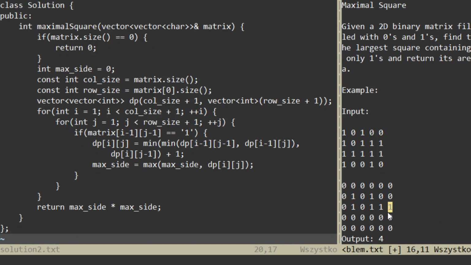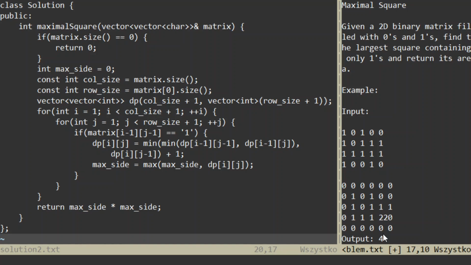Here will be the same situation, and the same situation. And here will be the first different one, because we are checking this point, and here and here we have 1, and the minimum of these is 1. So 1 plus 1 is 2.